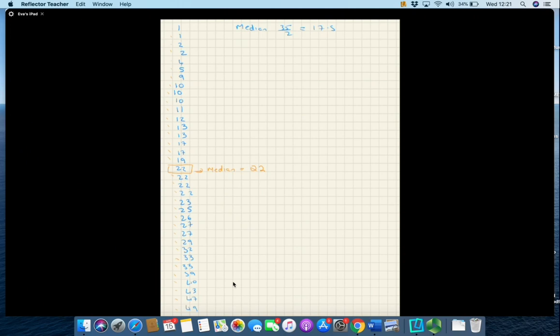Okay. So the lower values then, 11, 12, 13, 14, 15, 16, 17. Okay, so my lower value, I'm just going to switch color so that you can see what I'm doing. So this is where I'm working out my Q1. What I'm doing is I'm taking these lower values here and finding the median of them.